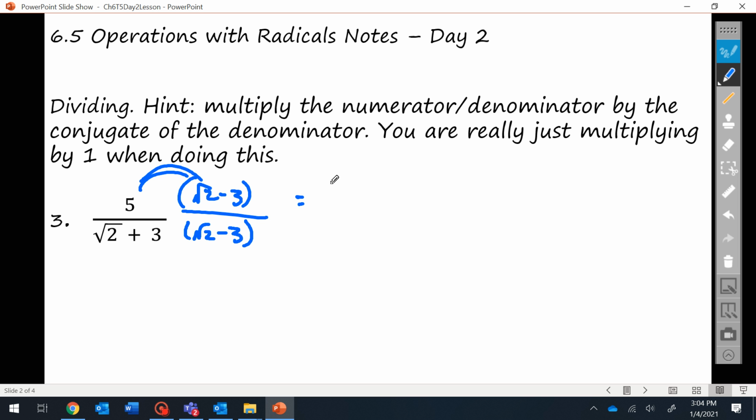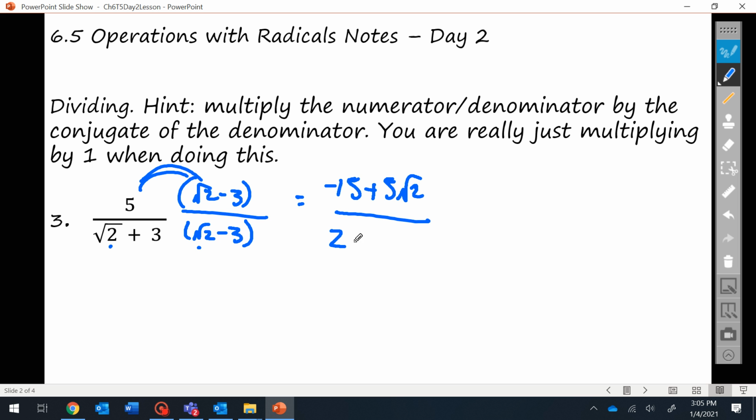So 5 times root 2, 5 root 2. 5 times negative 3, negative 15. And we want the negative 15 to come first, so it's negative 15 plus 5 root 2. Over, root 2 times root 2 is just 2.